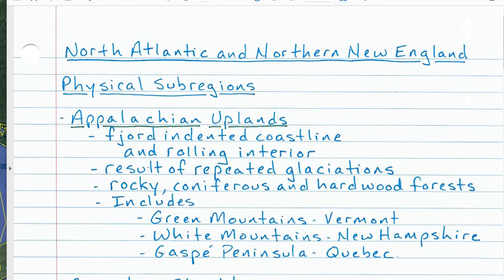And as I mentioned, this area stretches from the Gaspé Peninsula of Quebec and then down through Vermont and New Hampshire. And we'll have a separate section when we talk about the Appalachians. So geologically, you could say that the Appalachians stretch all the way up into this area. We don't tend to think of this area being part of the cultural part of Appalachia, so we'll talk about that separately.